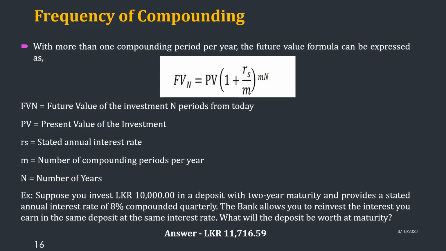Interest can be paid semi-annually, that means twice a year. Sometimes interest can be paid quarterly, that means every 3 months. Sometimes interest can be paid daily, weekly, likewise. So, as I have explained previously, you can't take a periodic interest rate for the whole period.